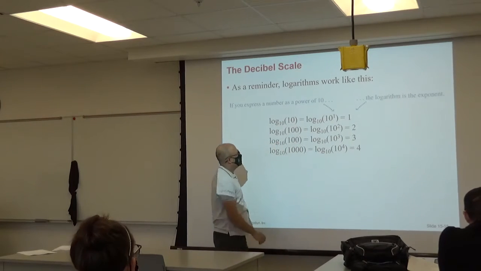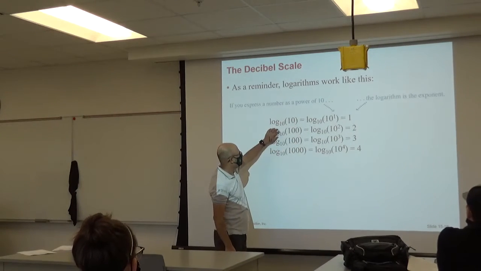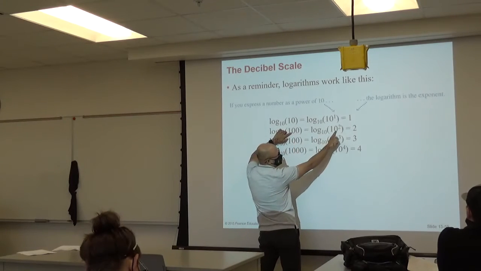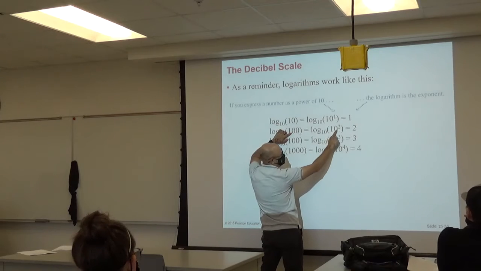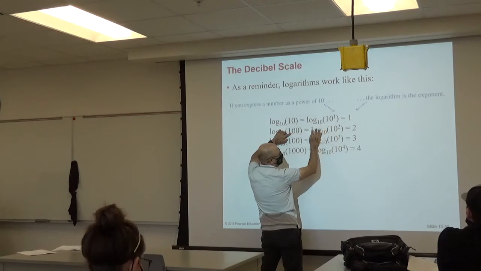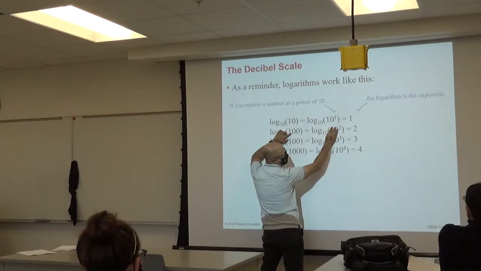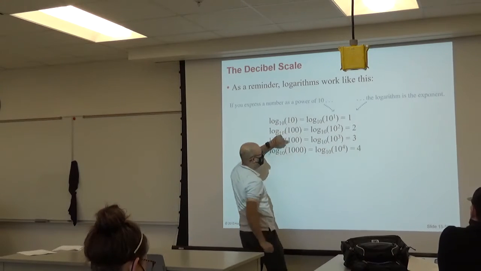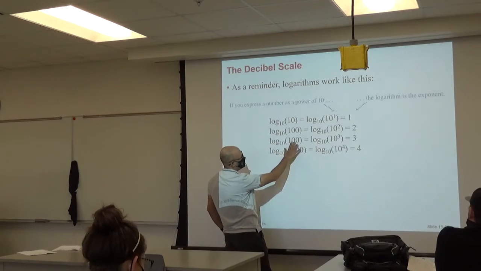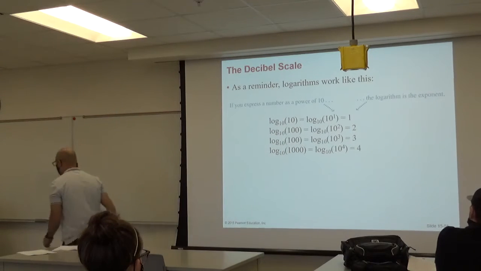Okay. Likewise, if you want to take the log of 100, you express this as power of 10. So 100 is 10 to the power of 2. You can cancel this and that, and then you will have 2. So 2 is the value of that. Likewise, this is 1000, so there is a typo here. Fix that.